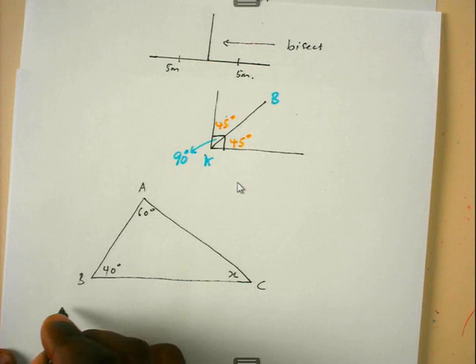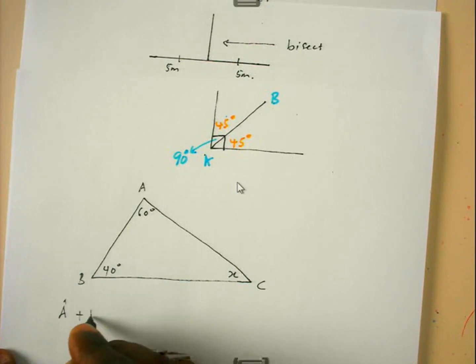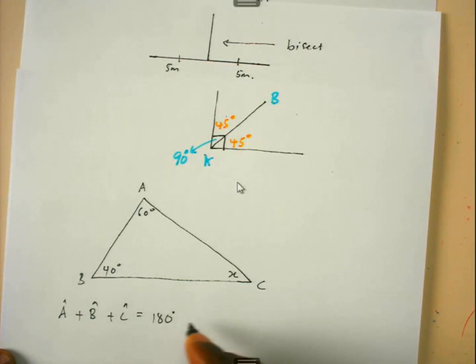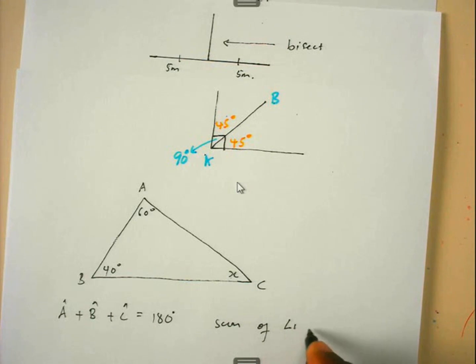We say angle A plus angle B plus angle C is equal to 180 degrees, and the reason is what? Sum of angles in a triangle.